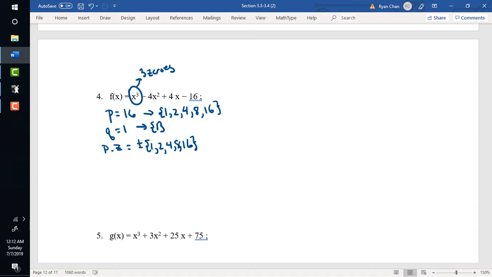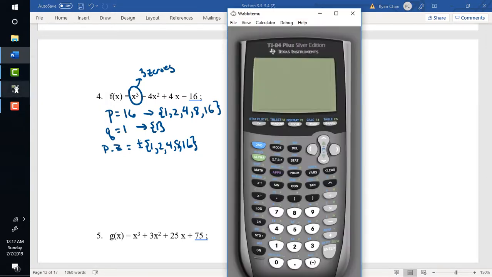Now let's talk about this right here. Remember, if you forget this, go back to the last video so you remember how to write potential zeros. Now remember, to make our lives a little bit easier, we're going to use our graphing calculator, and we are going to graph this and see where my zeros intersect.